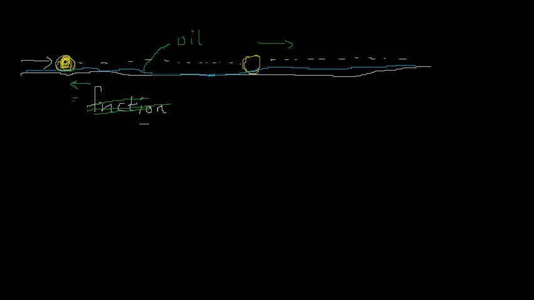So if there's no friction at all, this time, let's imagine I have a perfectly smooth floor, very smooth floor, and I have the ball again on the floor.